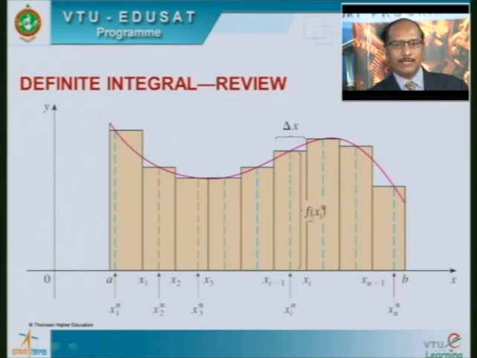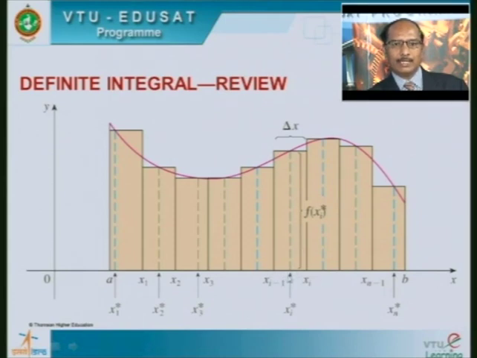We have taken a finite sum, i equal to 0 to n. With n tending to infinity, take the summation of f of x star i. This is the height of the rectangle, f of x star i, multiplied by delta x, the width. Delta x is the width of the rectangle.